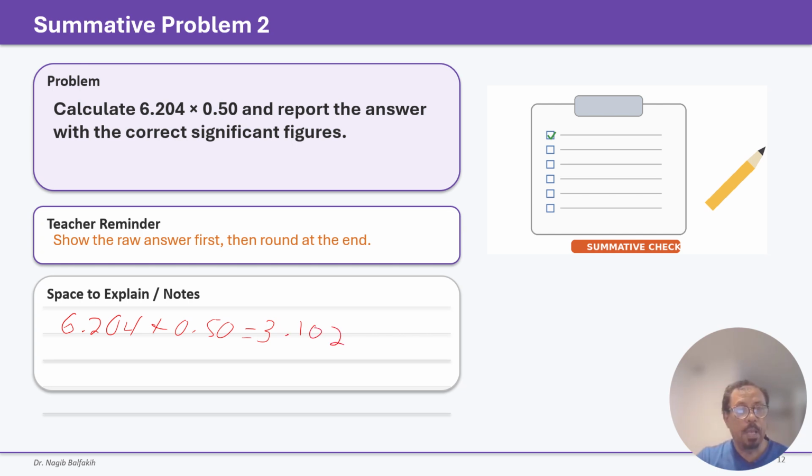Okay, now we multiply here 4 sig fig with 1 sig fig. The final answer will have the fewest sig fig, so the final answer will be 3.1.